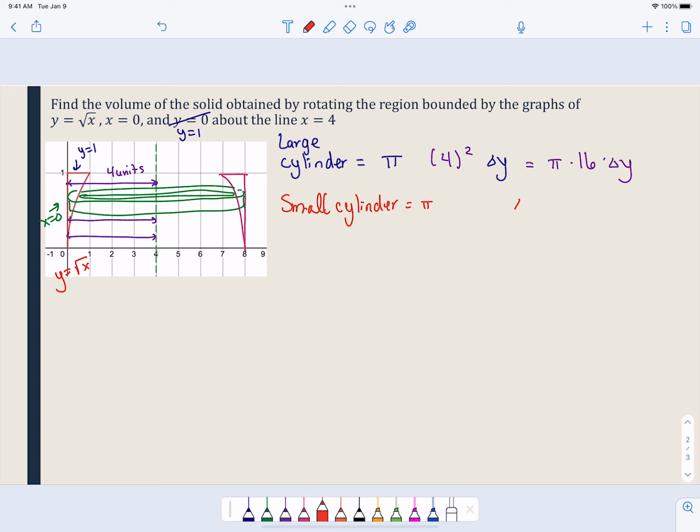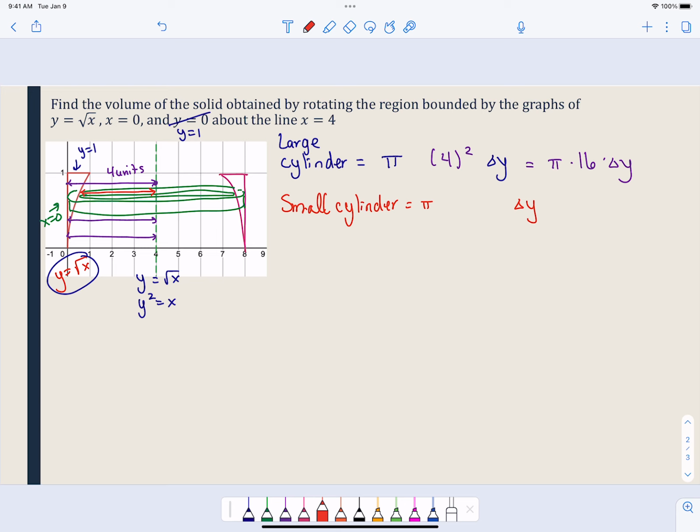It's going to be pi, and we're going to have delta y. We also need to take y equals the square root of x and change it, because our variable is supposed to be y. So y squared is equal to x. Now if we look at our radius, there's our radius.